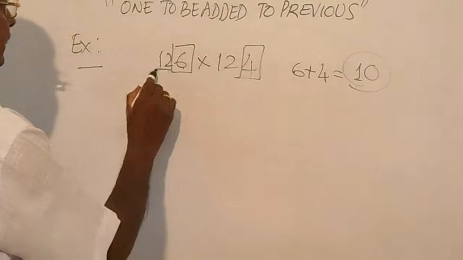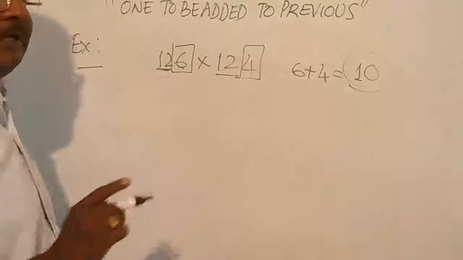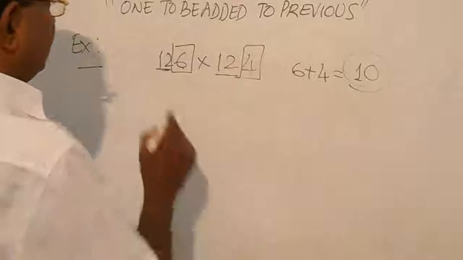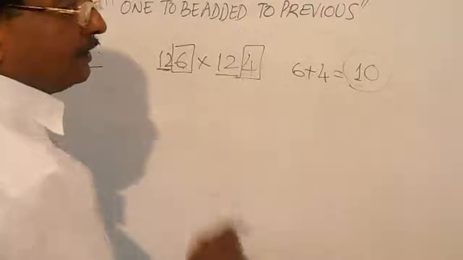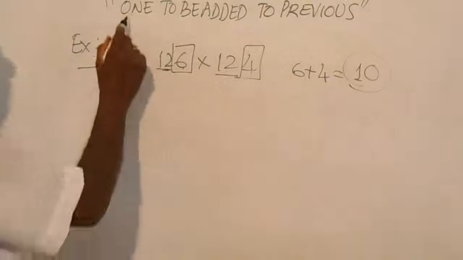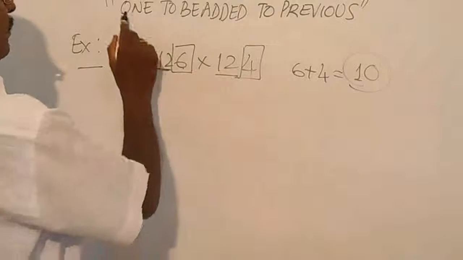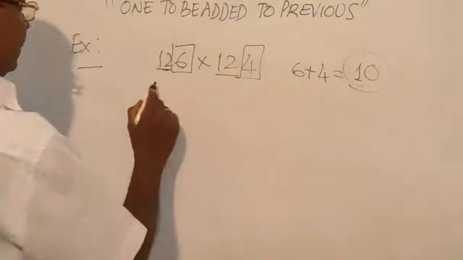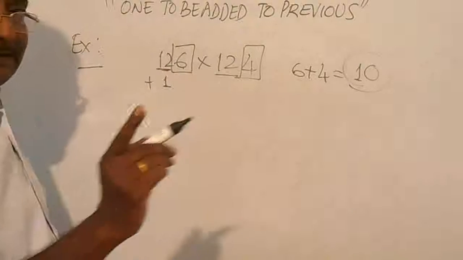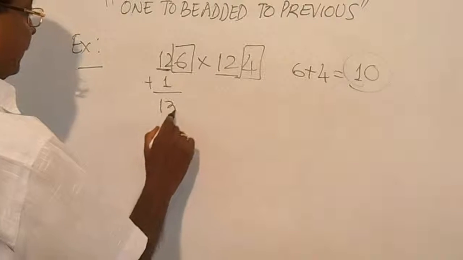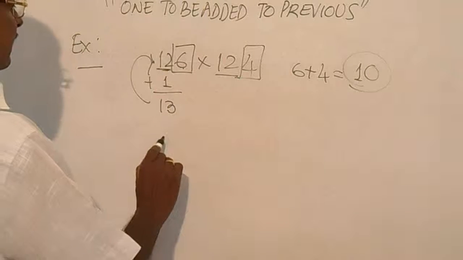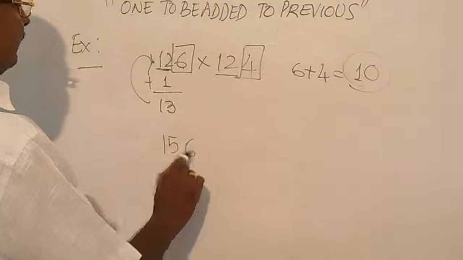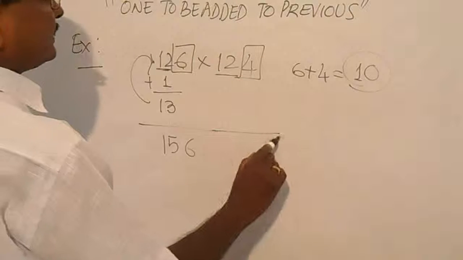Now the other digits, the prior digits of 126 and 124, which is 12, are the same in both. In this case, 1 is to be added to the previous digit, that is 1 added to 12, which forms 13. This 13 is multiplied back to 12, and the answer here is 156, forming LHS.